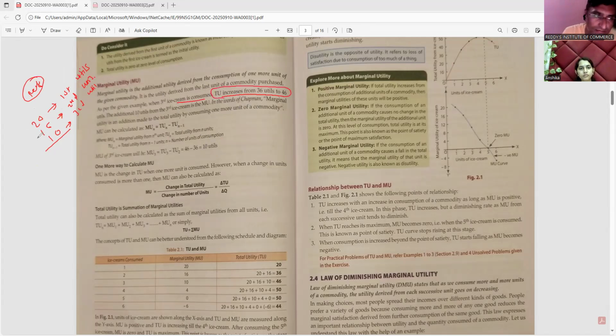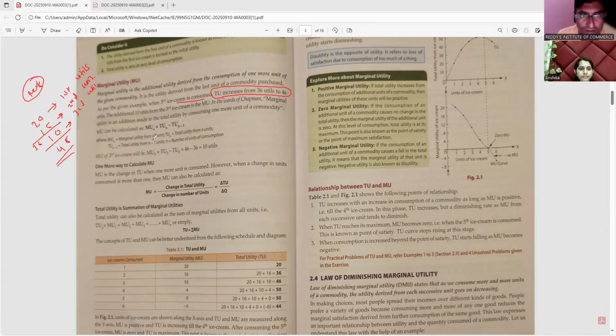Now you can see here, our total was 36 after consuming the second ice cream. But when we consume the third ice cream, the satisfaction goes from 36 to 46. Got it up to this?